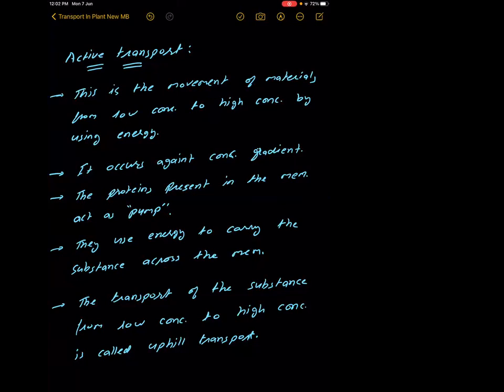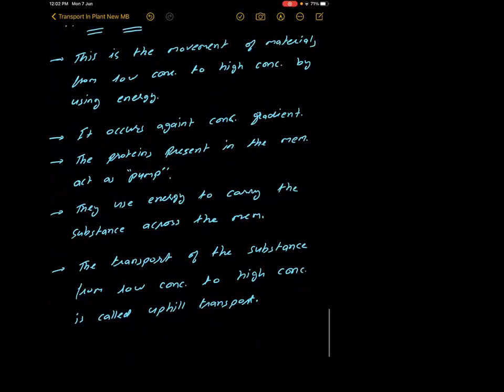You have to use energy to absorb minerals from the soil, entering the cell through channel pump. So this is active transport.